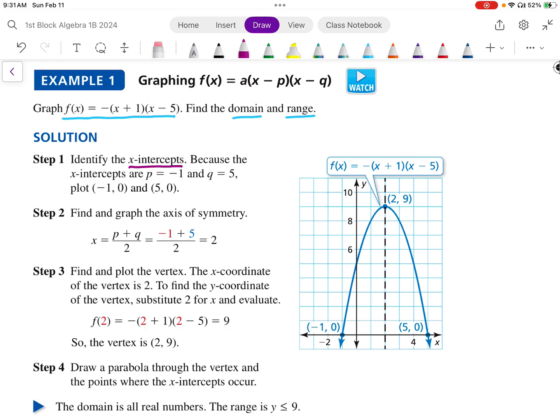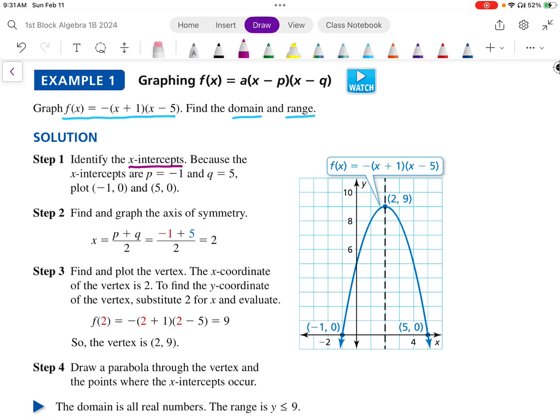Zeros, roots, solutions, x-intercepts, they're all the same. When y equals 0, whatever x is, those are the solutions, those are the zeros, those are the roots, those are the x-intercepts.